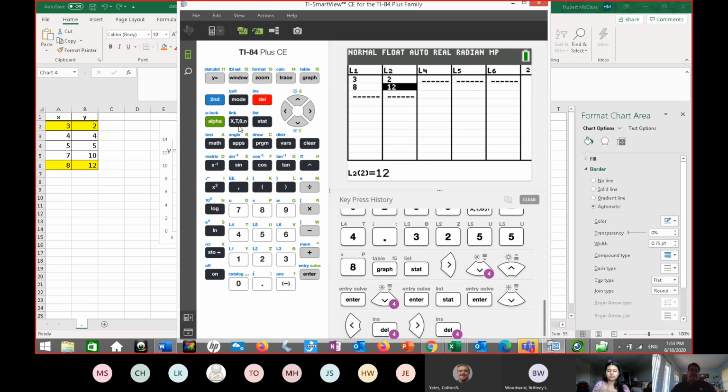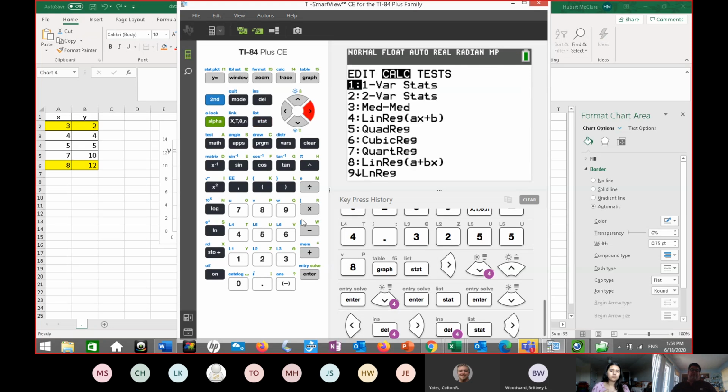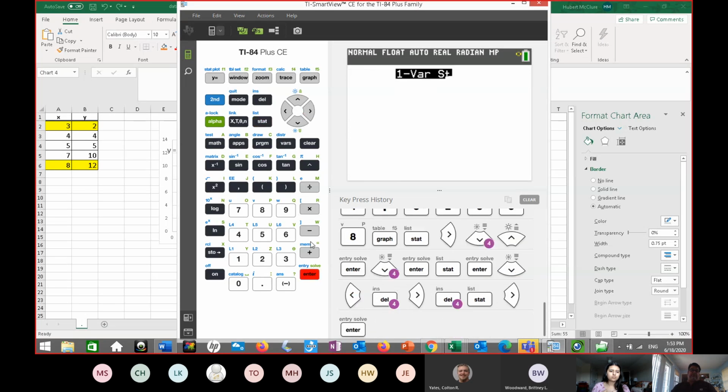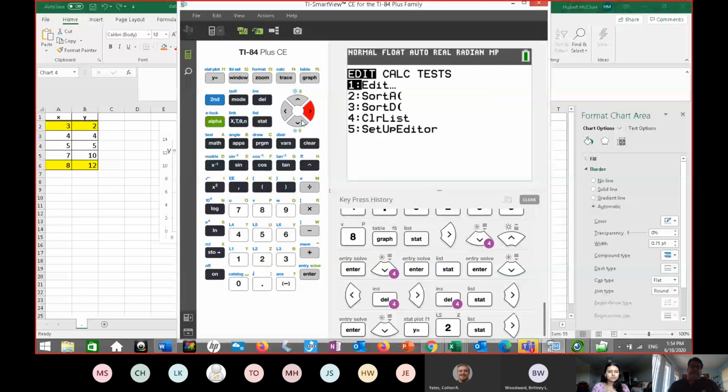Okay, now go to stat, calculate, first variable statistic. L2, second L2. Oh, crap. I'm sorry. Stat. I'm a little bit aggravated because I don't need to go over this.